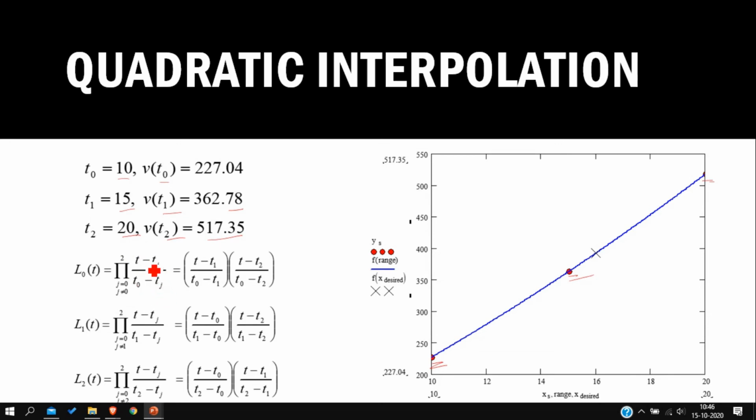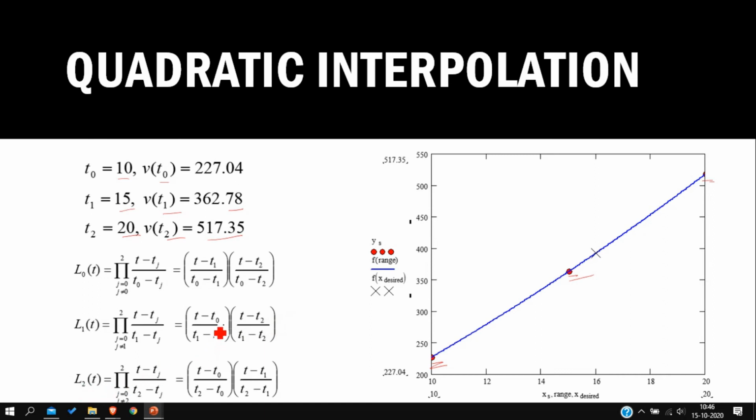So here t minus t1 divided by t0 minus t1 into t minus t2 divided by t0 minus t2, that is L0 of t. Then L1 of t, either you can use this one or you can directly write t minus t0 and t minus t2 divided by t1 minus t0 and t1 minus t2. That can be directly written also.